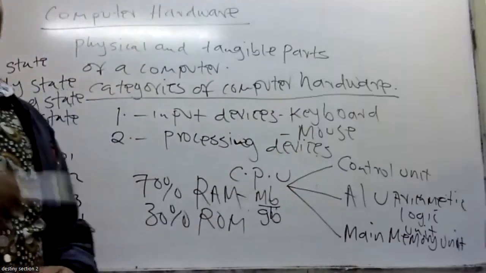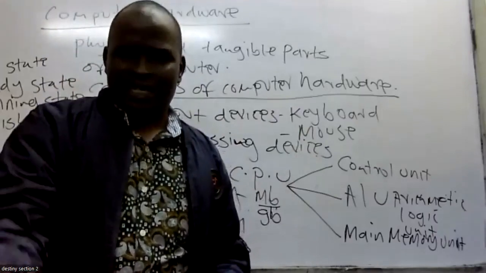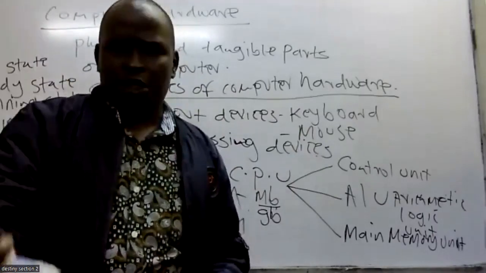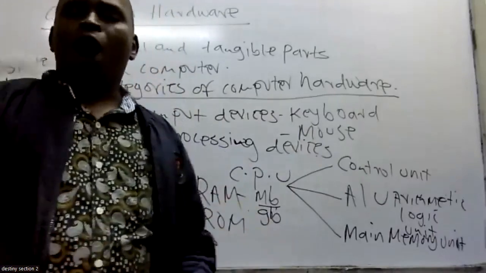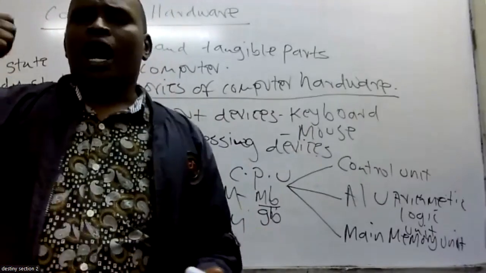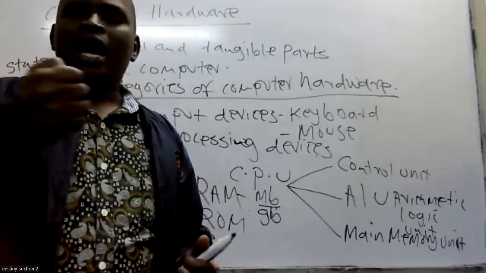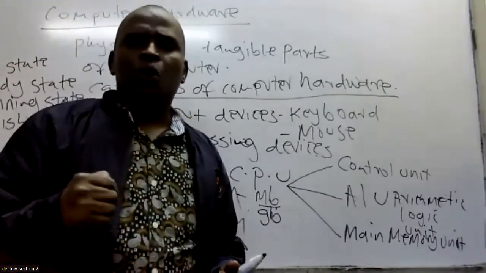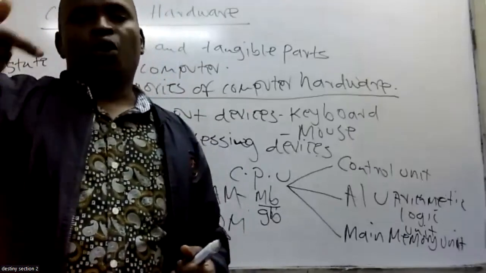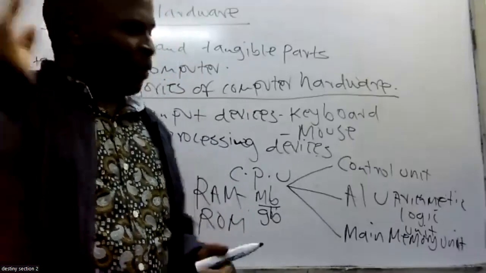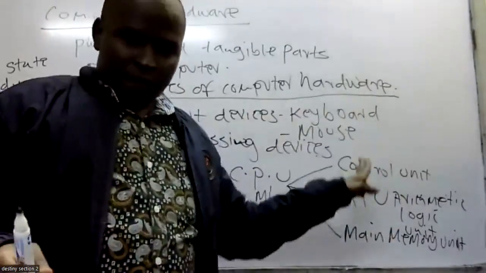And once the process has been run and has reached its termination, it also has to go via the random access memory, awaiting the user's instructions or input to save that work in a different location, or even to print, or anything else. So the main memory unit plays a big, major role during processing.